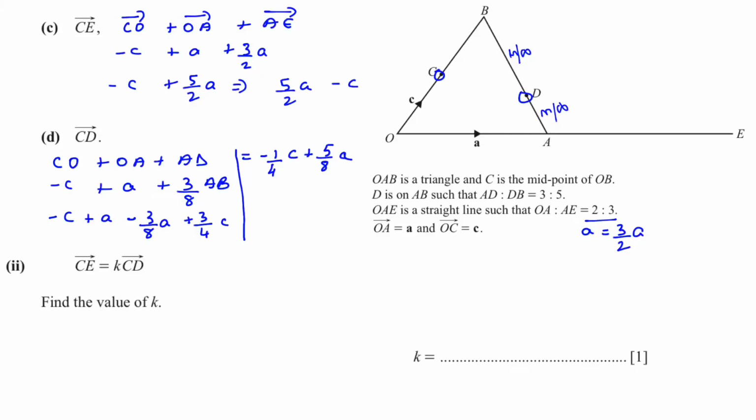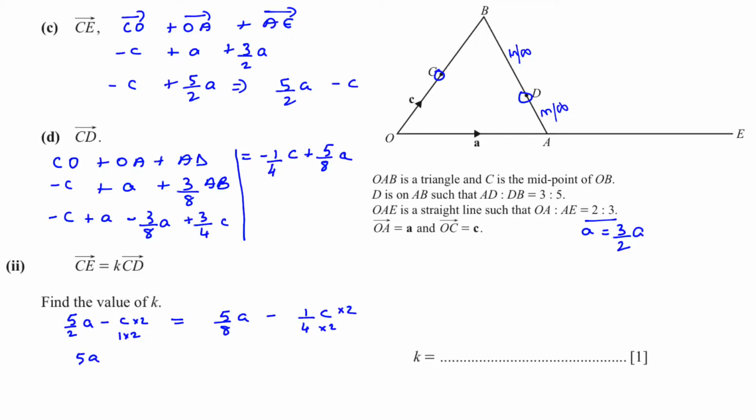Moving on to the next question. CE is equal to K times CD. Find the value of K. This is CE and this is CD. We'll first start out by writing a common denominator, and to do that we will multiply by 2 here and 2 here and 2 here and here.